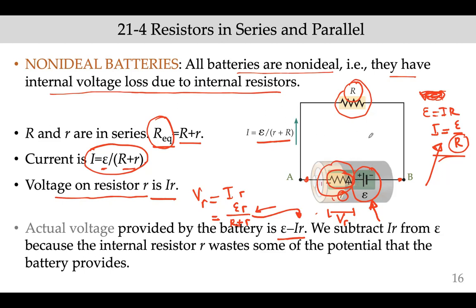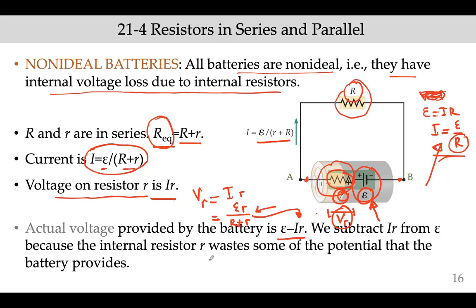So when you connect something to the battery, the voltage that you get from the battery is not the voltage that it produces, but epsilon minus Ir, which is VR.